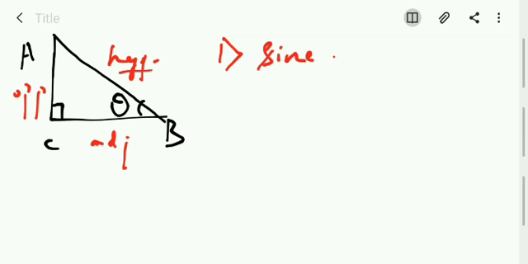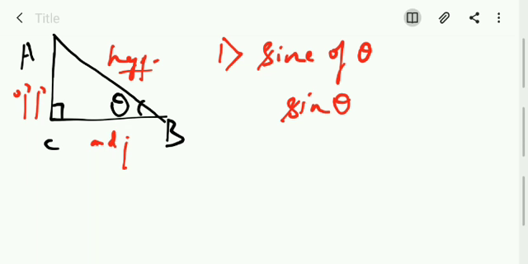The first trigonometric ratio or function we'll be discussing is sine of angle theta. Simply we can write it as sin theta. This is the shortest form we can name it for sine theta.